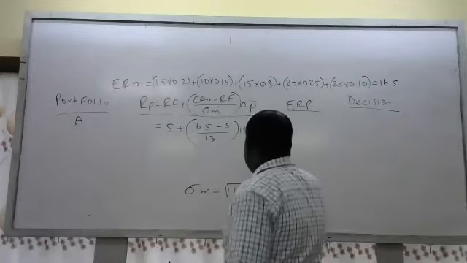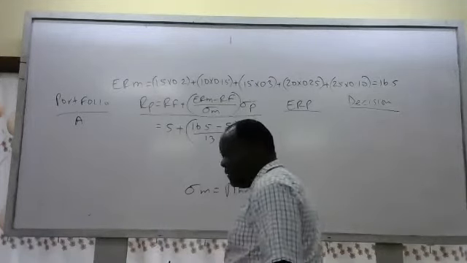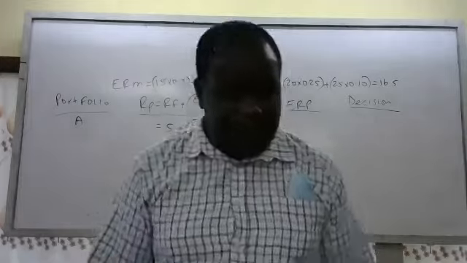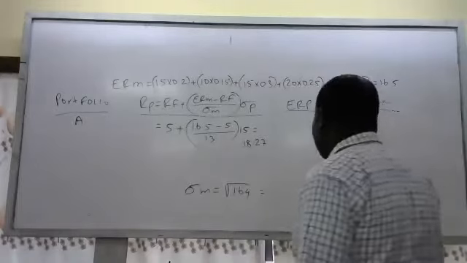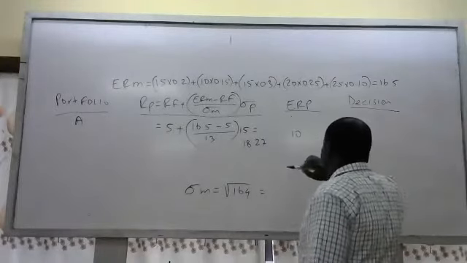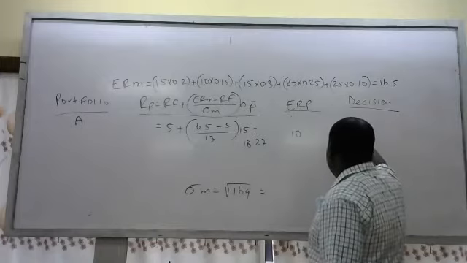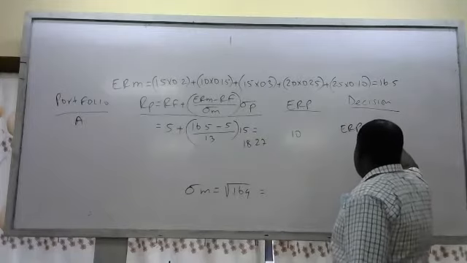So this one is giving 18.27. The expected return was given; you can see 10%. So from this observation, the expected return of the portfolio is less than the required return.